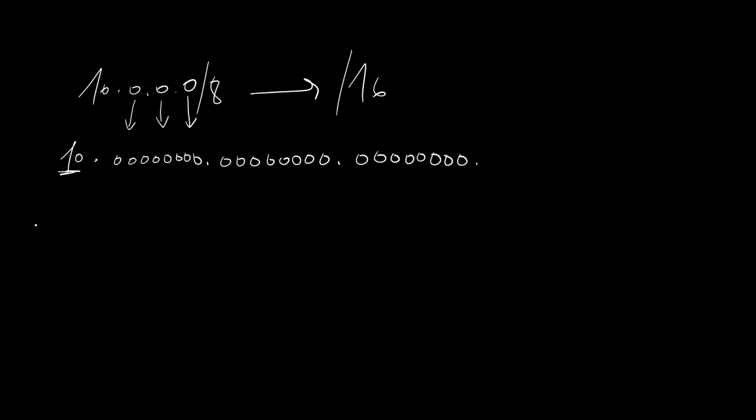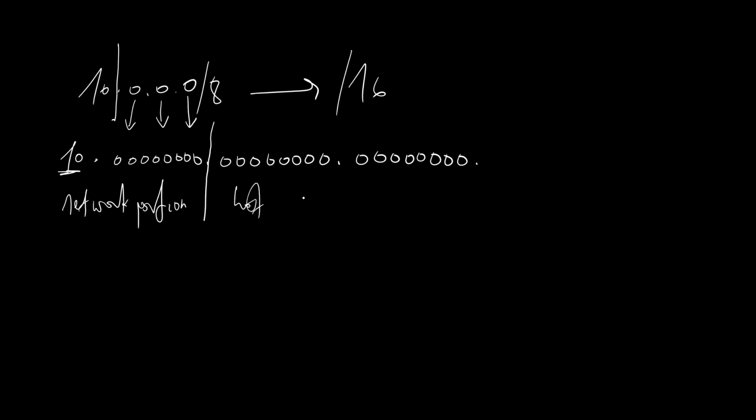I want to show you how subnetting works. If we move to a /16, it means I'm going to take all these bits, 8 plus 8, and this becomes the network portion. Initially, the network portion was just this one, and if you borrow 8, that becomes the network portion.